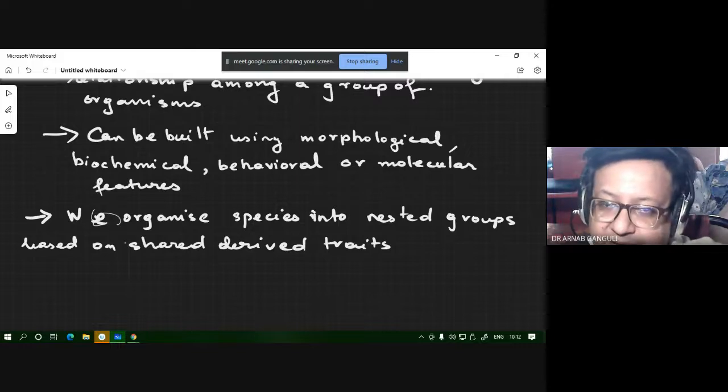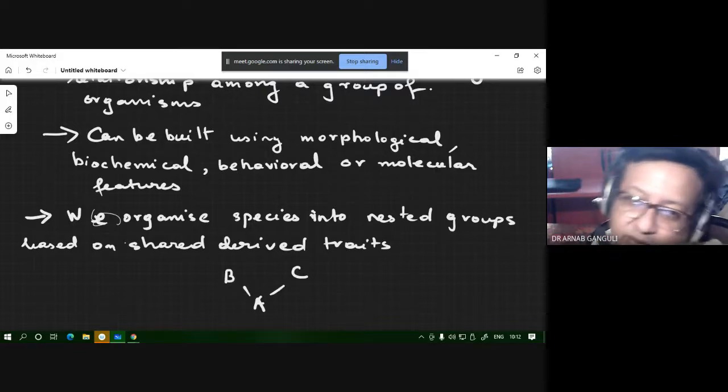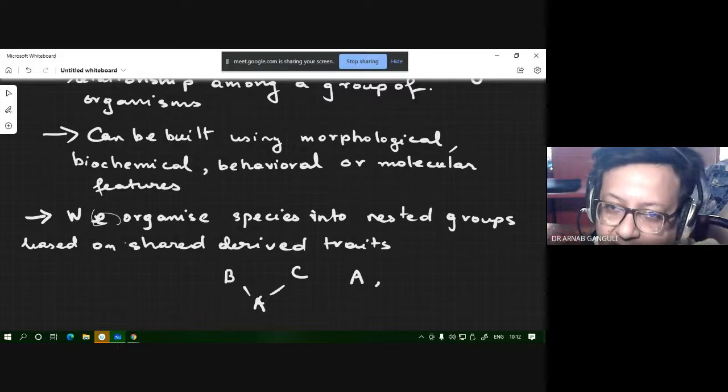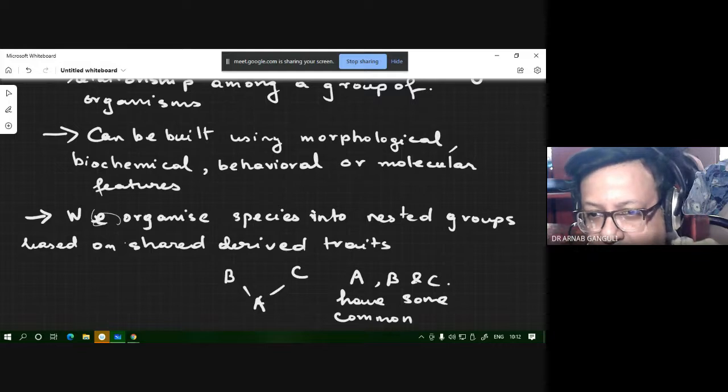So, like I have explained in the class, what are the shared traits? So, this is ancestor A, this gives rise to B and C. So A, B, and C have some common characters.